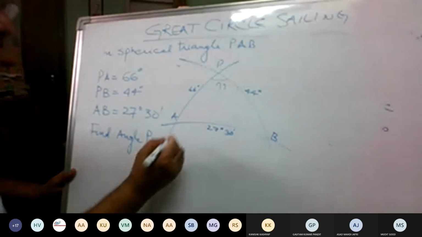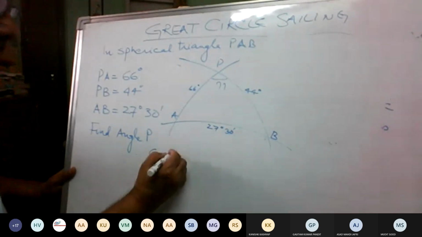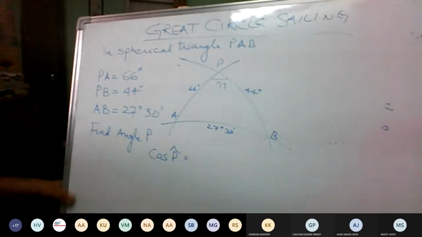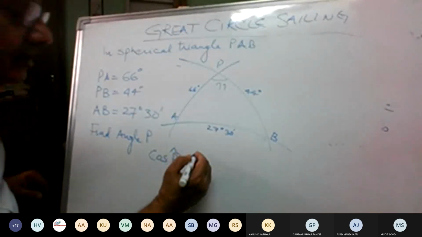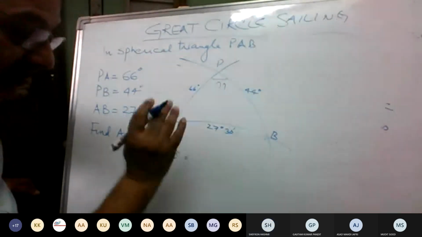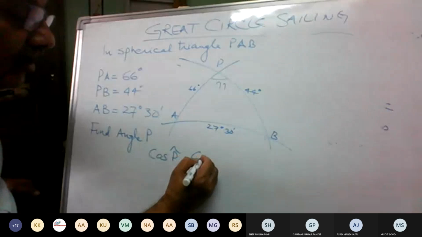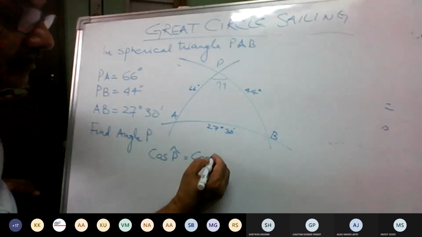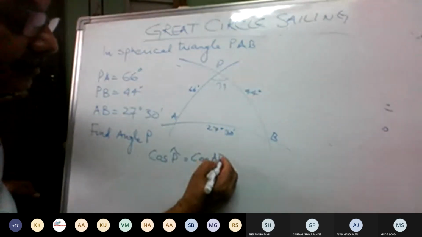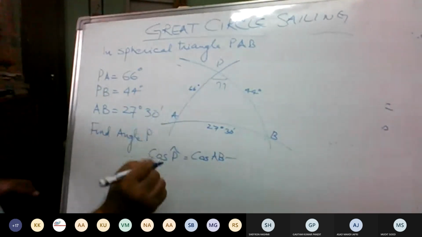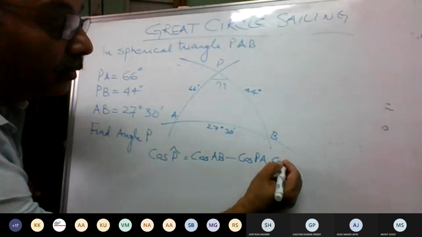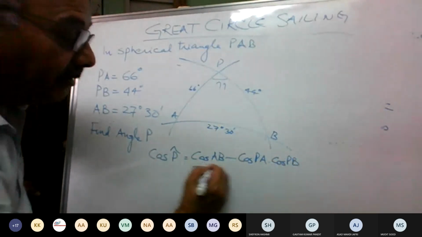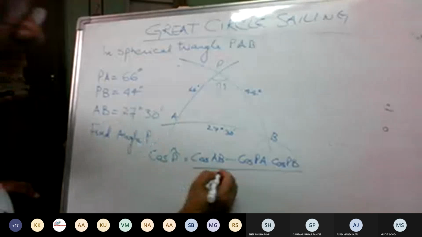So what is the formula? Cos of angle P is equal to, बताइए. पहले फार्मूला लिखो, उसके बाद cos of opposite side AB minus product of cosine of adjacent side, minus cos of PA into cos of PB divide by product of sine of adjacent side.